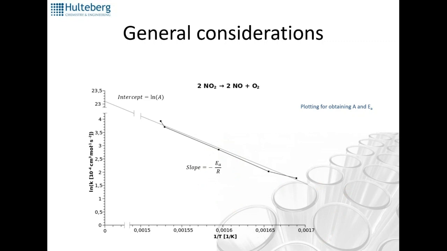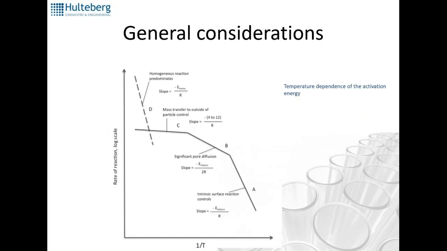But as I said, if we increase temperature, we will actually run into other reaction regimes where other things limit the reaction rate. So if we start at low temperature and increase, we have a regime here where we have a reaction which is controlled on the reaction surface, and then it's the normal reaction.